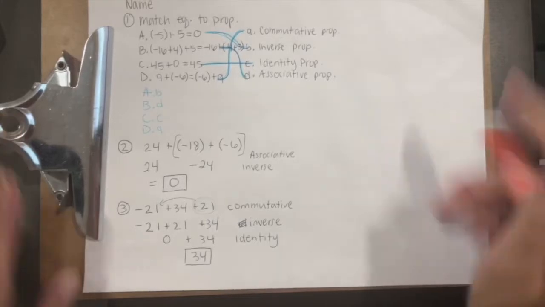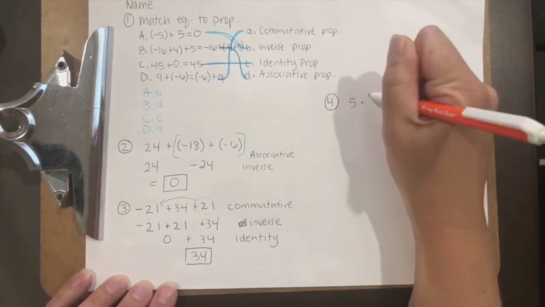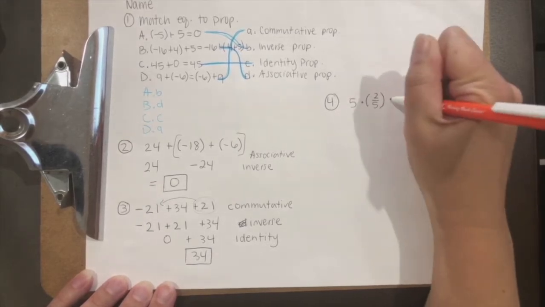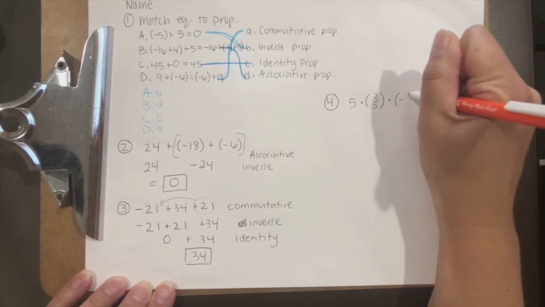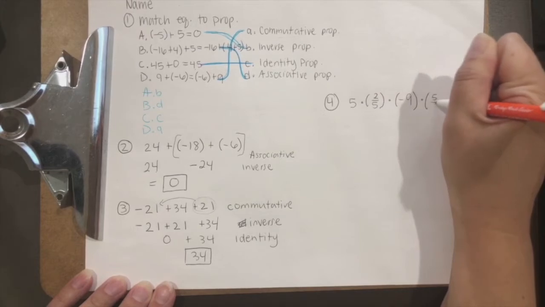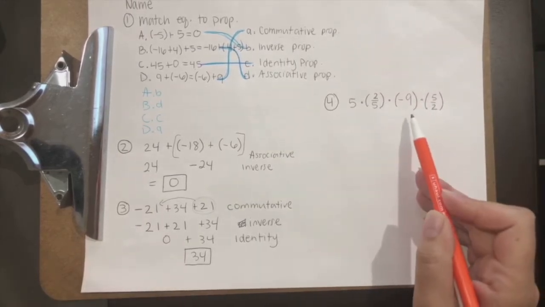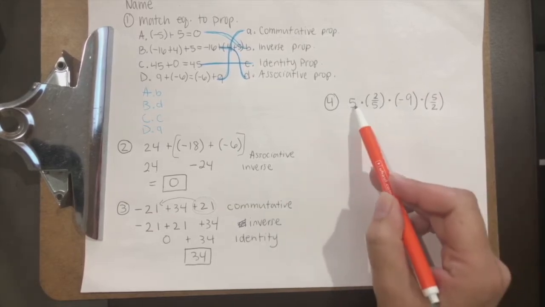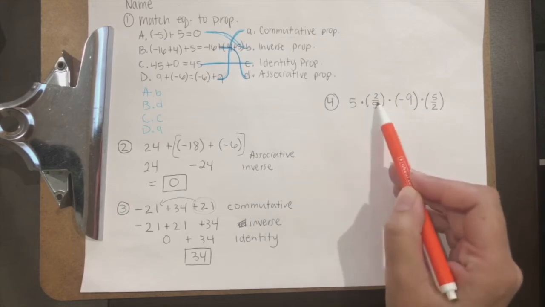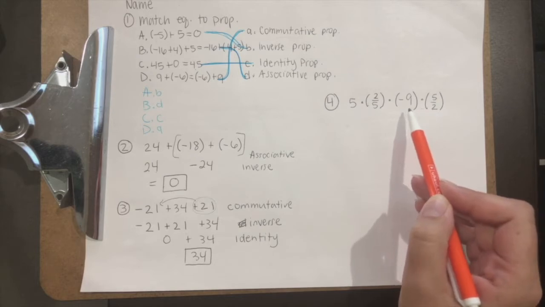All right, let's do number 4. 5 times 2/5 times negative 9 times 5/2. So again, I'm thinking about my properties, and at first I wanted to take this 5 and put it over 1 and then cancel out these 5s, but when I wrote the rest of the equation, I saw one that was even better.